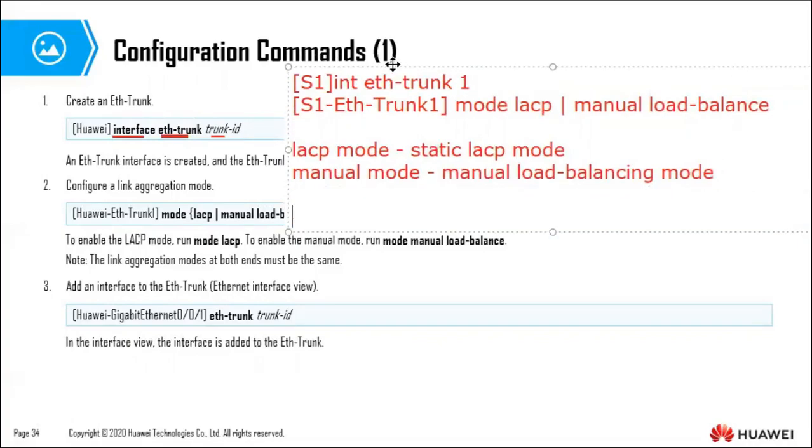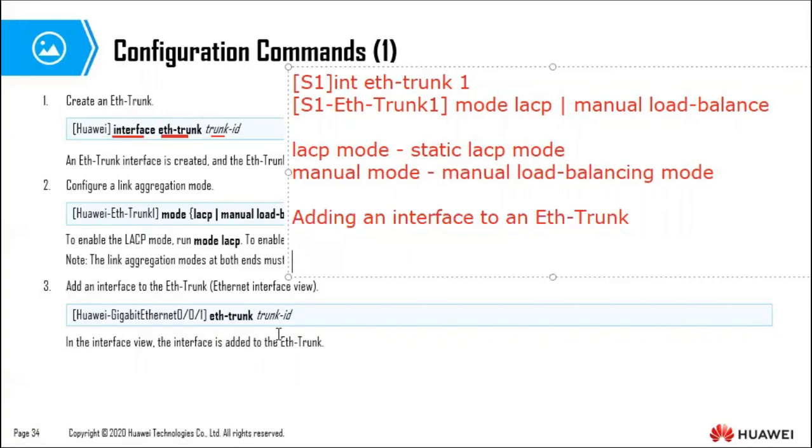Okay. So the other thing you need to configure is to add the interface to the Ethernet trunk. So adding an interface to an Eth trunk. To do that, you go to the interface view, then you use the command Eth trunk, then the trunk ID, for example, 1, then enter.